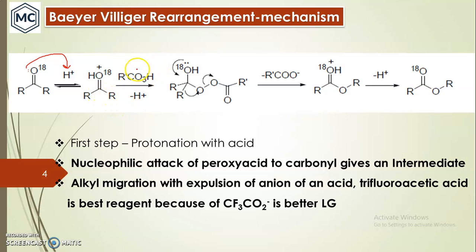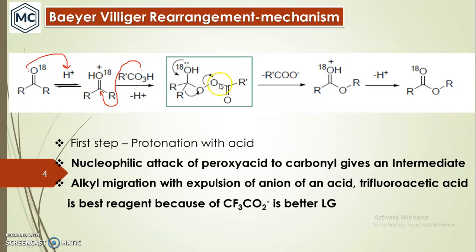One oxygen of the peroxy acid contains a lone pair and is highly nucleophilic, and this nucleophilic oxygen attacks the carbonyl carbon, that is the electrophilic center, and you get an intermediate like this.